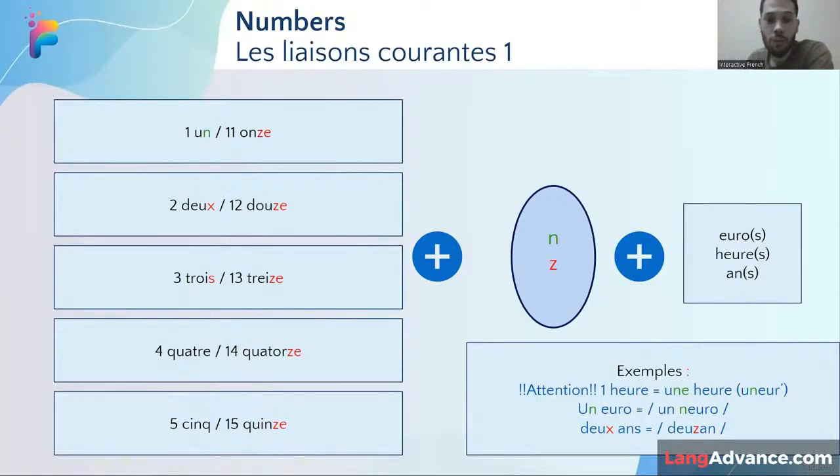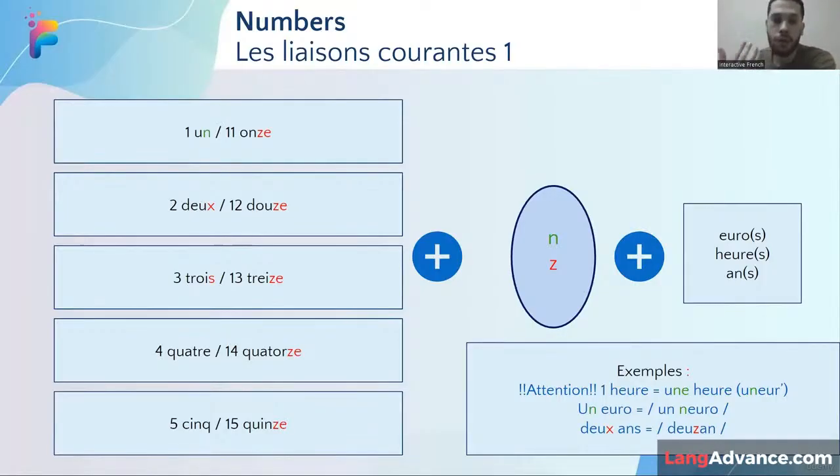So that's why we talk about a liaison, linking. We don't say un-euro, we say un euro, okay? Now, that's how it would be for the number one, or any number that ends with un. If you say 21 euros, vingt et un euros, you would also have that liaison going on.